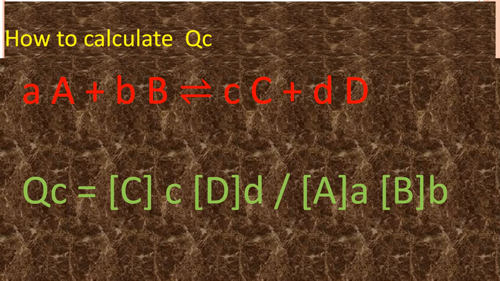In the big brackets we put the compounds on the product side: capital C to the power small c, capital D to the power of small d, divided by capital A to the power small a, capital B to the power of small b. That is how we can calculate Qc.